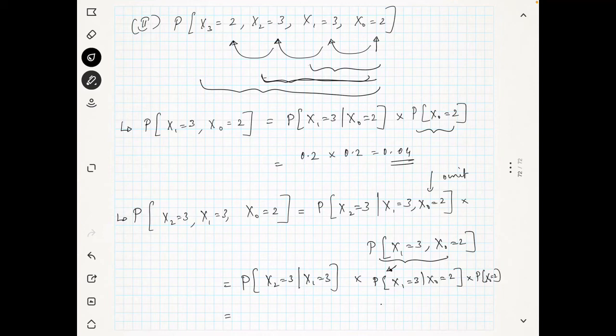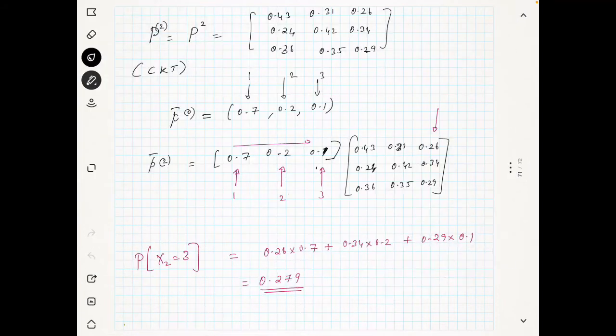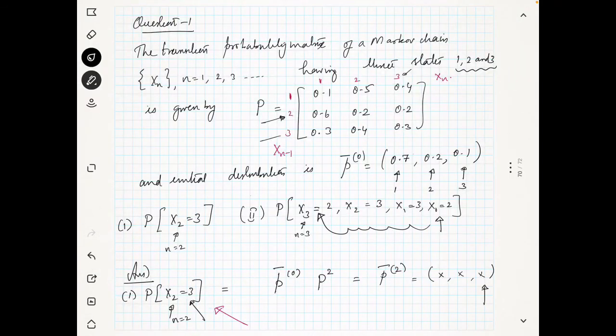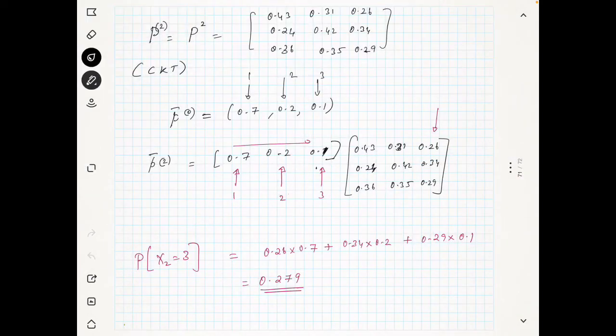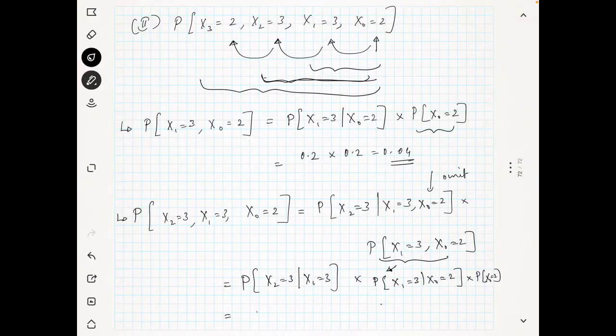So for x1 is equal to 3 and x2 is equal to 3, that means 3 comma 3, you see here this is 3 and this is 3, so the probability is 0.3. We will take the value from that position 3 3.